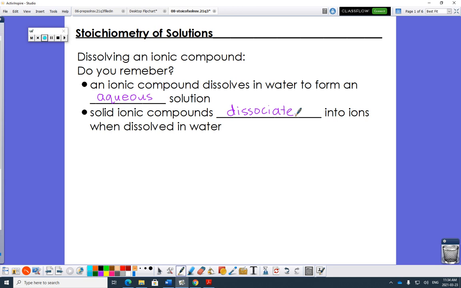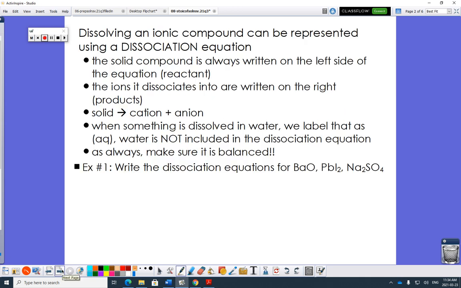So when we are looking at how a solid behaves in water, in the past we wrote net ionic equations to show how the solid is formed. But now if we're trying to look at amounts instead of just saying soluble or insoluble, what we're going to do is write dissociation equations.